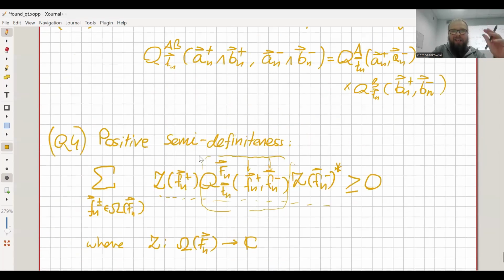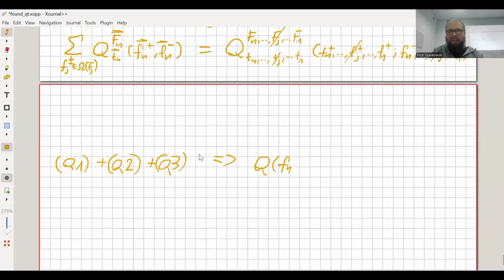Positive semi-definiteness already enforces hermiticity. So the real part is symmetric, the imaginary part is anti-symmetric. Then on top of that, those three properties give you the diagonal of Q is equal to its real part, and it's non-negative.